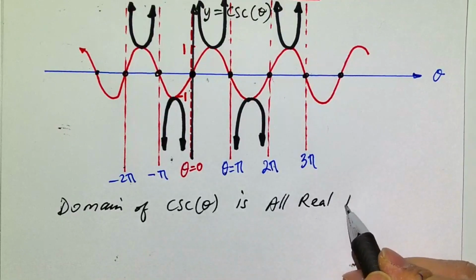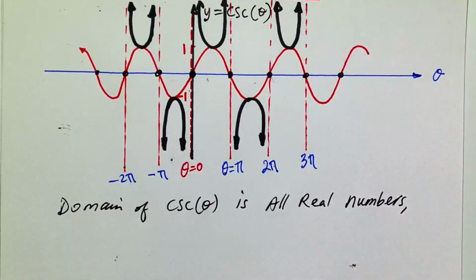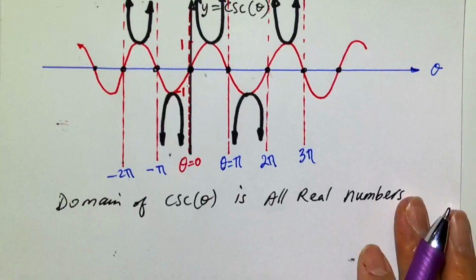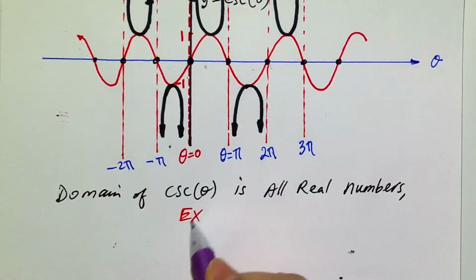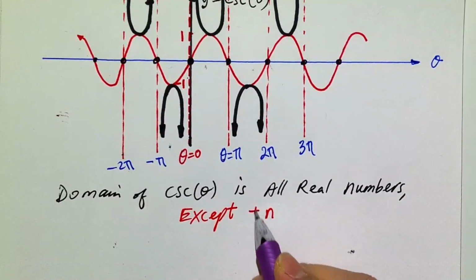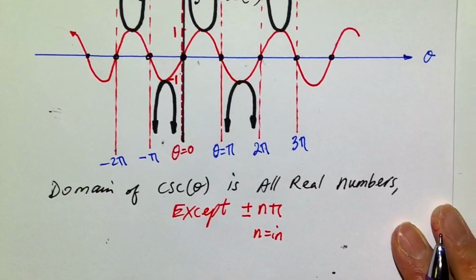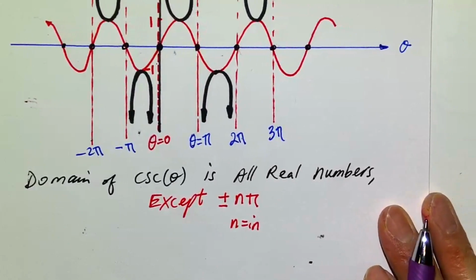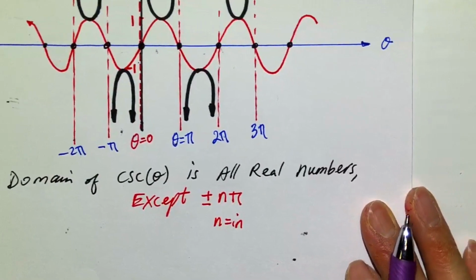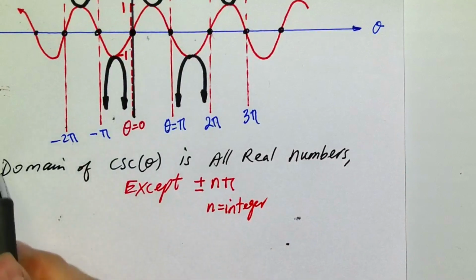All real numbers except, I'm going to write that part in red, except plus or minus n pi, where n is any integer. Let me move this up a little bit. I'm trying to keep the graph on the screen, but it looks like I need to scroll up a little bit. So integer, like that.